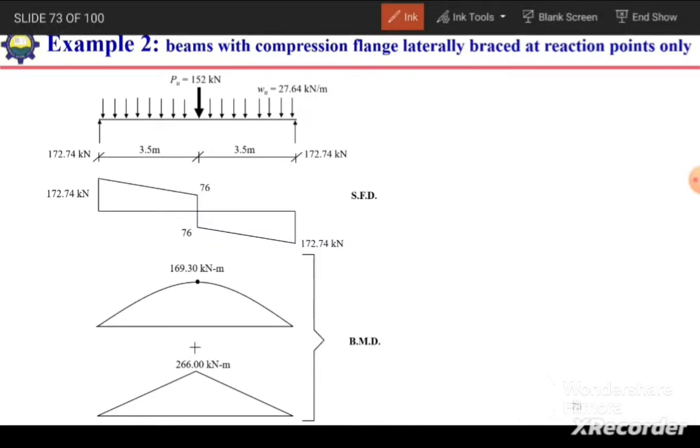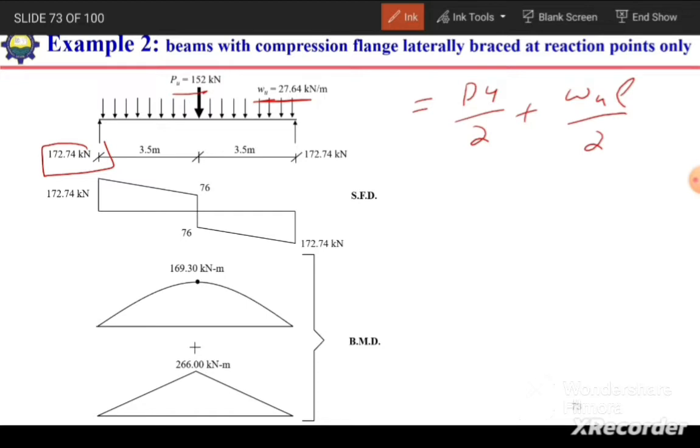After that, we need to calculate the bending moment and shear force diagram based on the factored load. So now the factored uniformly distributed load WU is 27.64, and the point load is 152 kilonewton. So we can calculate the reaction at this support. The reaction at the support will be equal to PU divided by 2 plus WU into L divided by 2, and it comes out to be 172.74 kilonewton.